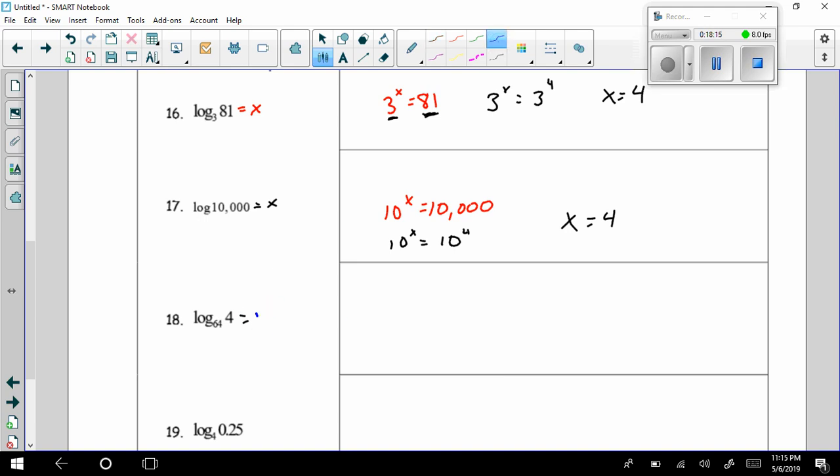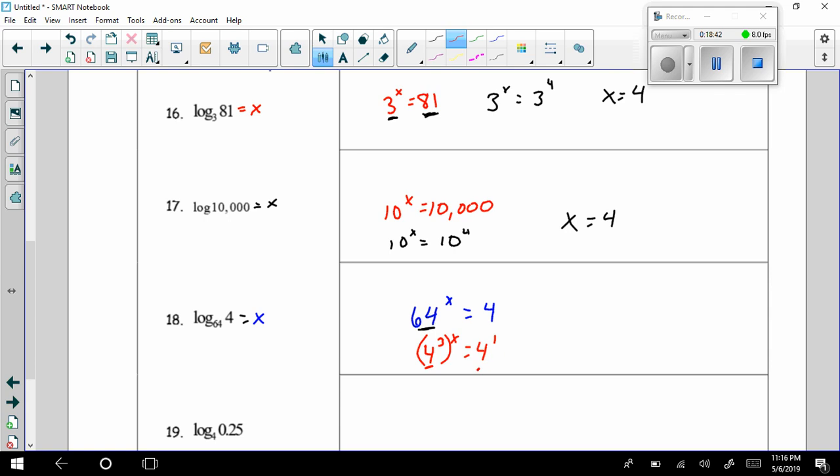Doing this again, I have 64 to the x power is equal to 4. Right? So this one's a little bit different, where I need to change this side. So this is 4 to the third raised to the x is 4 to the 1.